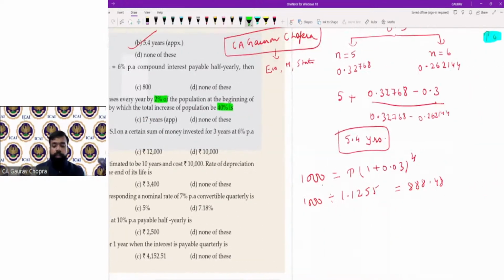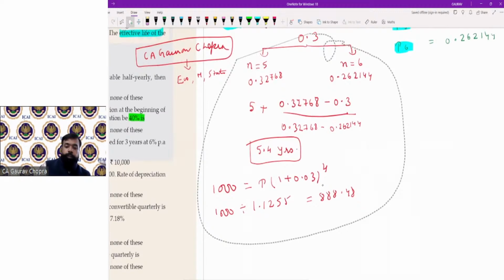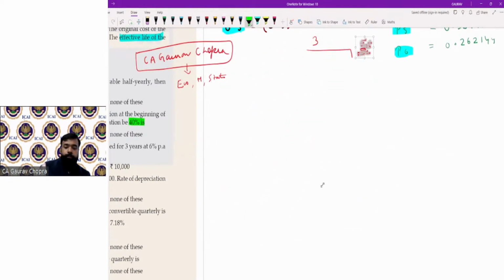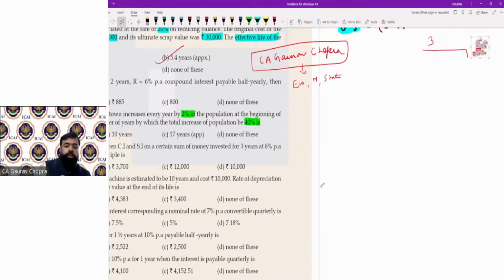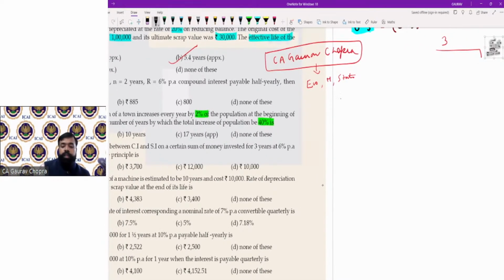So let's do this so that you can take the screenshot easily. So let's make some space here. So what are the given values? Rate, that is I, is 2%.